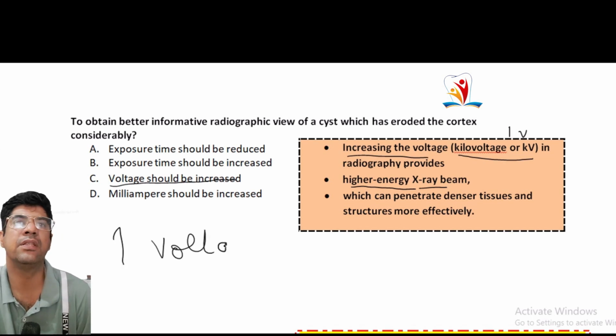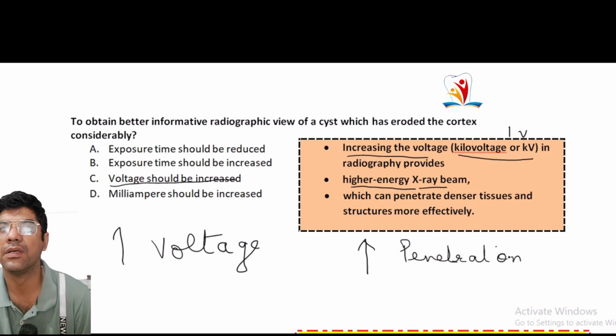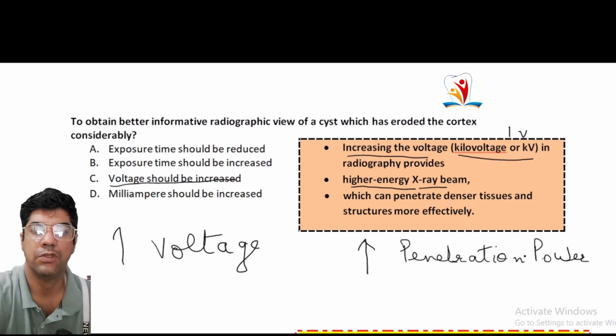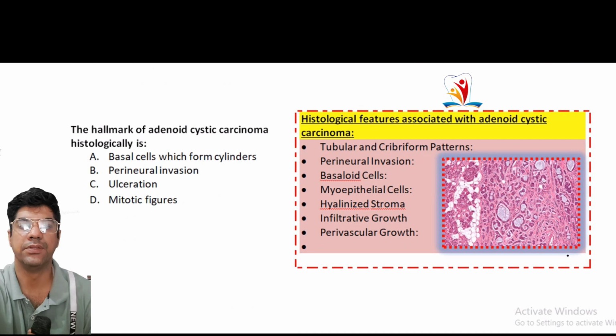So by increasing the voltage, you can produce X-rays with greater penetration power. So the answer would be the voltage should be increased.